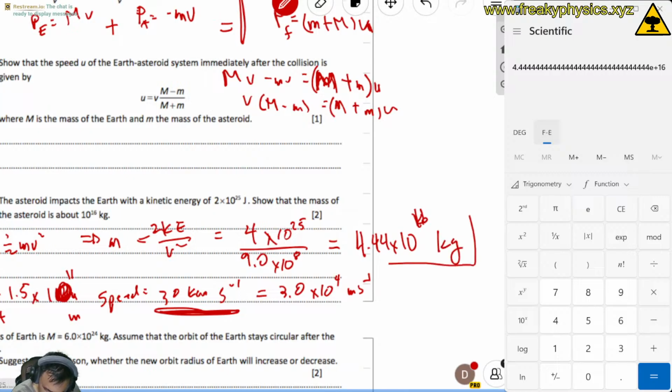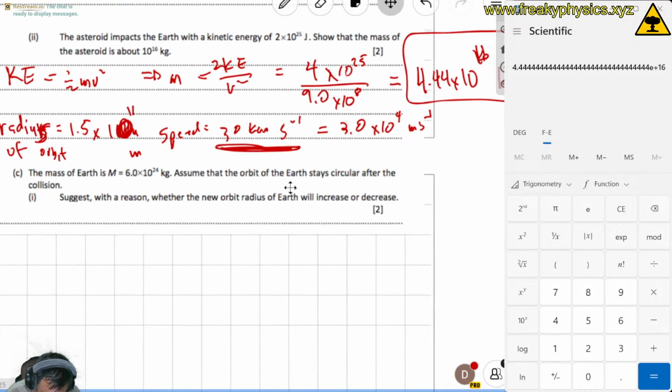It's going to be a massive one, of course. That makes sense. But compared to the Earth, if I recall right, the Earth has a mass of magnitude 10 to the 30. I could verify, that's just from memory. But either way, that's a big mass compared to 10 to the 16. Okay? So, all right.